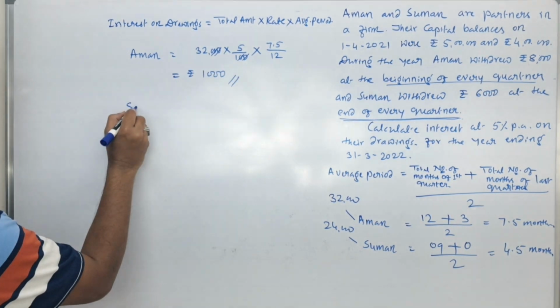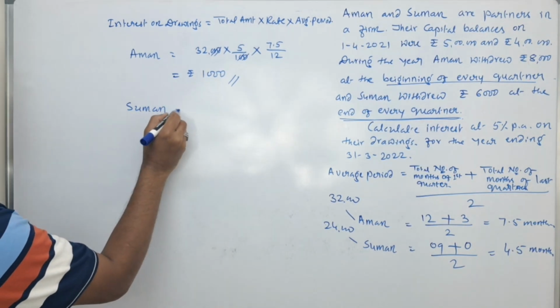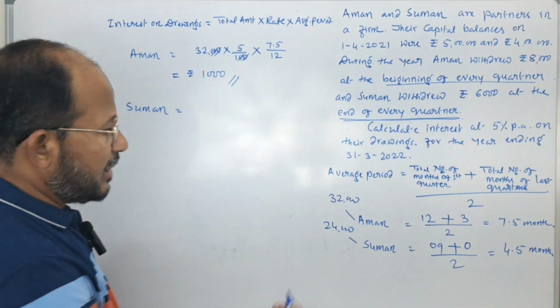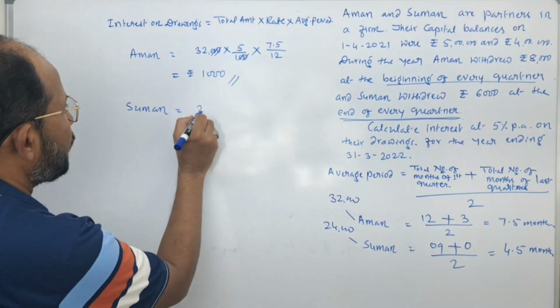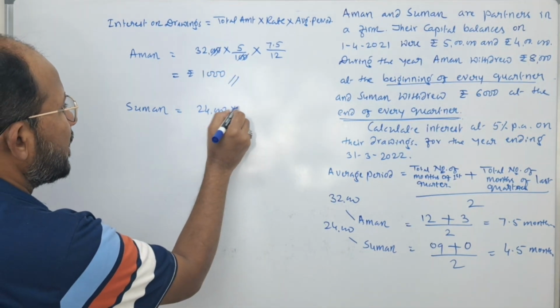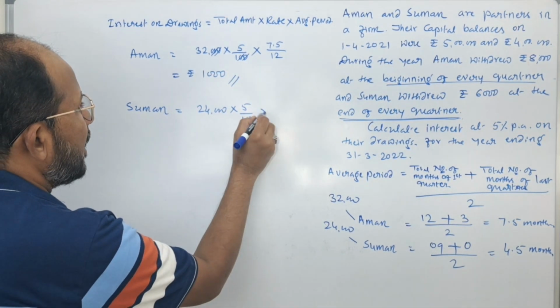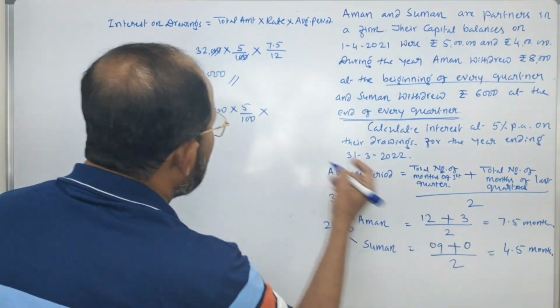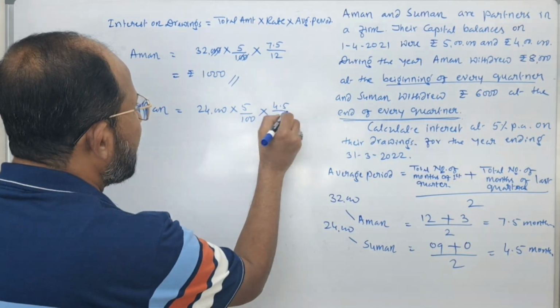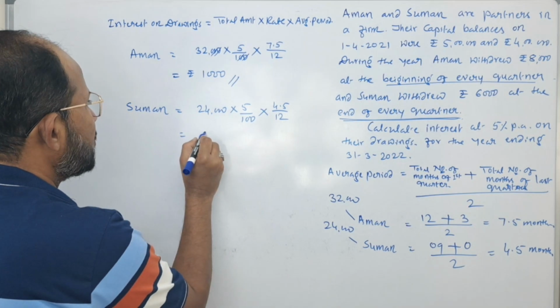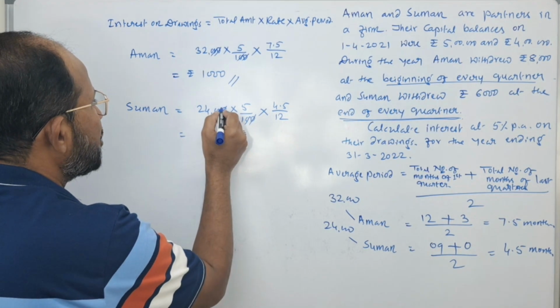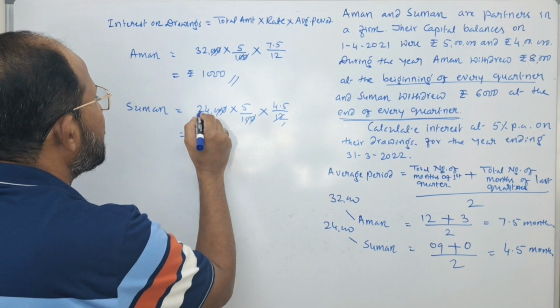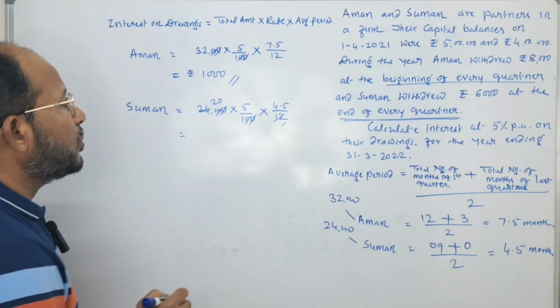Next one is in case of Suman. Again, the total amount withdrawn by Suman is given here, rupees 24,000. Rate of interest is the same and average period is 4.5 months. 4.5 by 12. Here you simplify this, 0, 0 cancel, 12 1s are 12, 12 2s are 24.